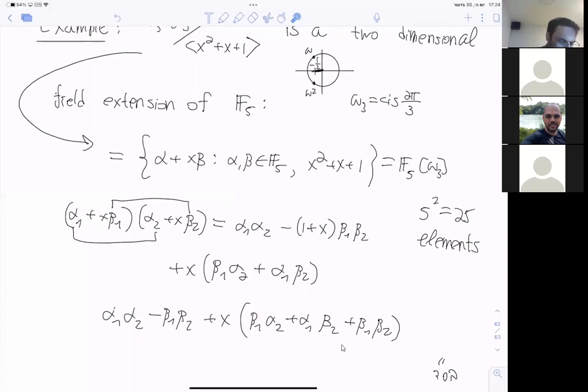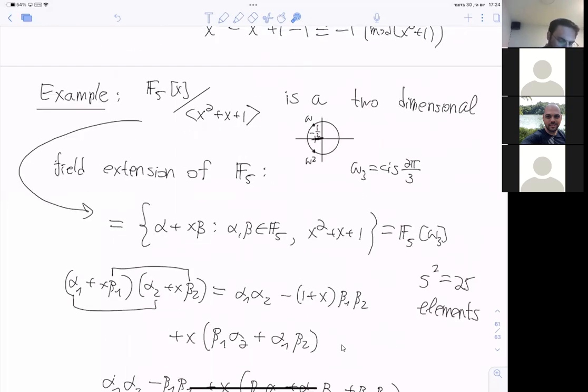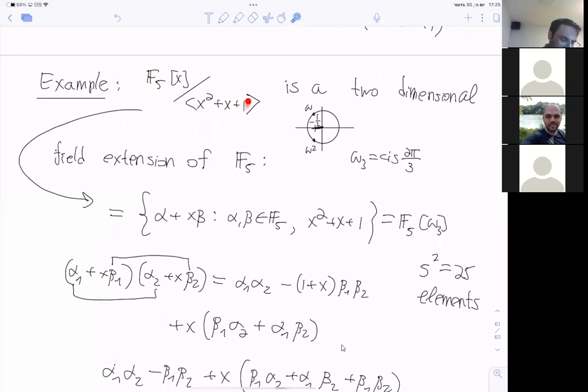You start with a prime field and you extend it by roots of some irreducible polynomial. In this case, the extended field contains elements of this form, which means that there is a basis which is 1 and x.